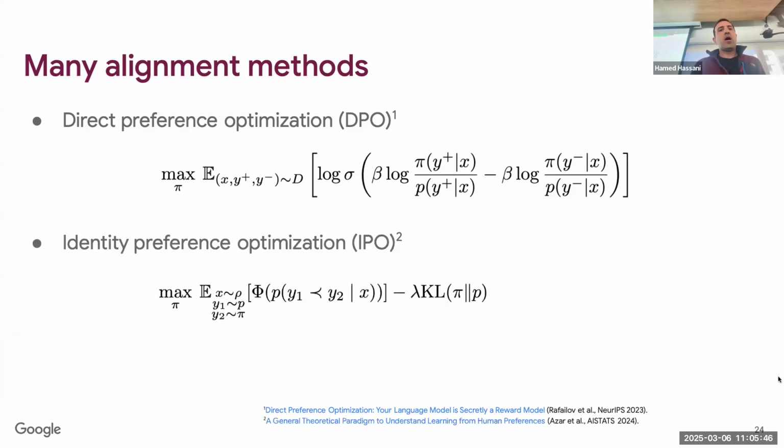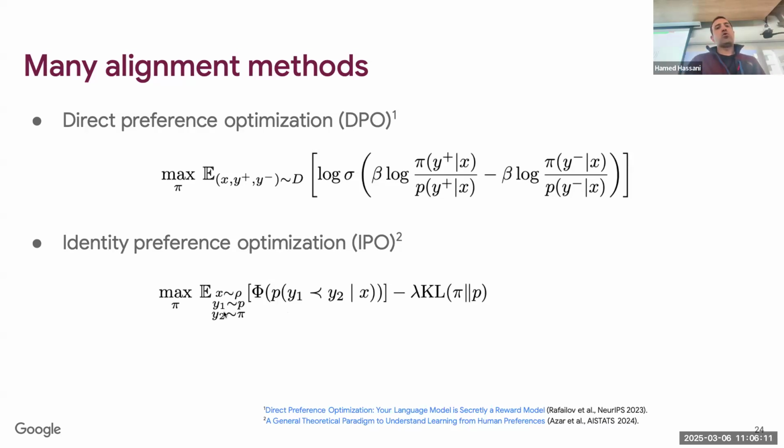Right. Now there are many more. There is another variant of preference optimization called IPO, identity preference optimization. What IPO does is say, I don't really care about the expected reward, but rather what we really care about is winning against the base model.